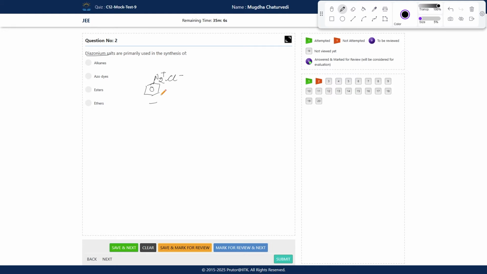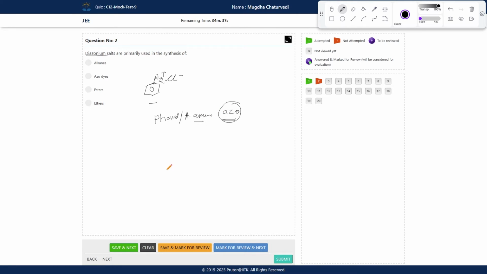So when I take aromatic diazonium salts and treat them with phenols or aromatic amines, then they undergo a coupling reaction, and they form azo compounds in this case. And azo compounds are brightly colored and are basically used as azo dyes.